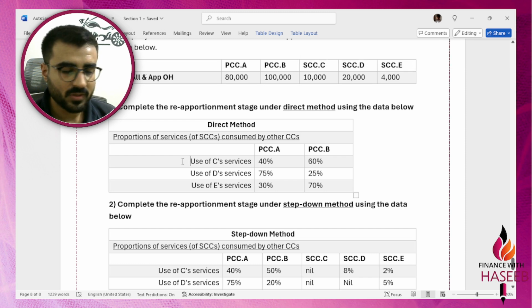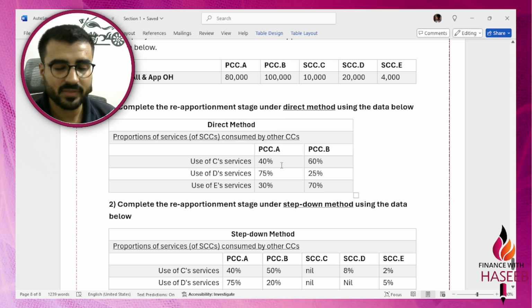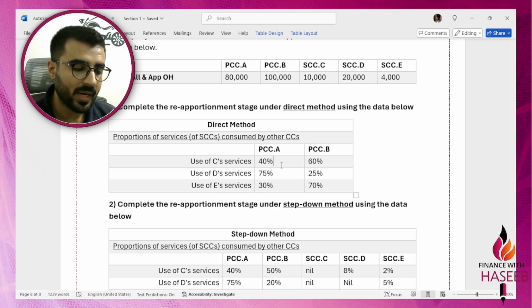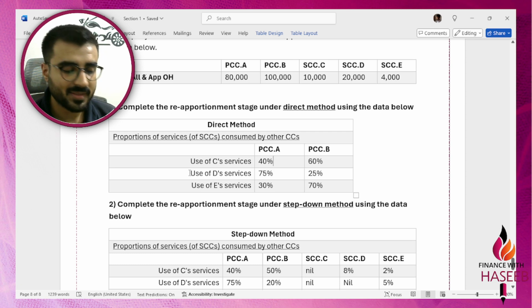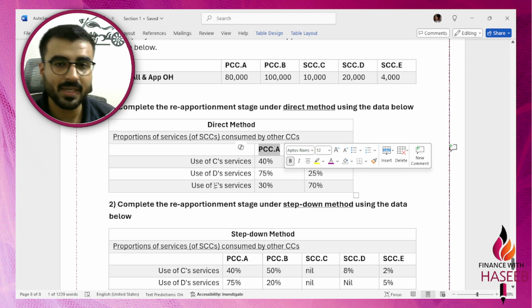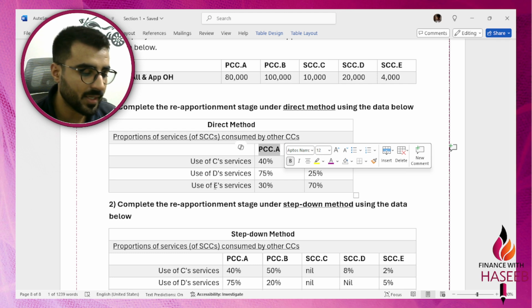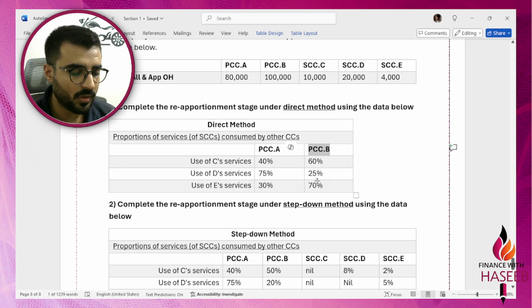Service cost center C provides services that are 40% used by production cost center A, and the remaining 60% are consumed by production cost center B. Similarly, service cost center D's services are 75% used by production cost center A, and the remaining 25% by production cost center B. Production cost center A uses 30% of E's services, and production cost center B uses 70% of E's services.